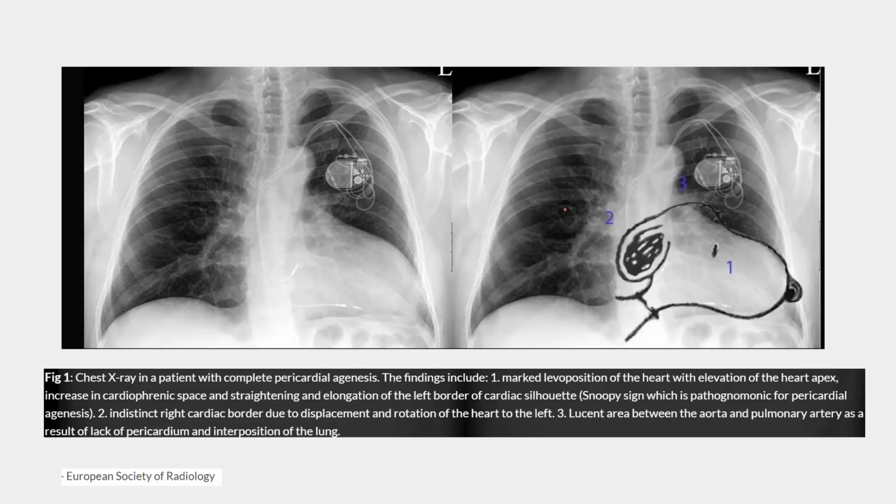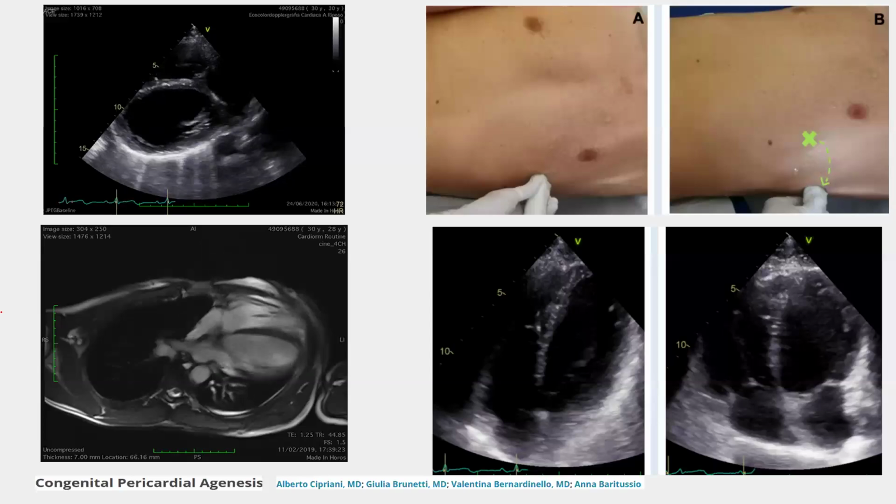The heart moves left and posterior, and the lung tissue goes here, and we lack the lateral border of the heart because now it's behind the sternum. So it looks like a Snoopy dog. This is pathognomonic of congenital absence of the pericardium.